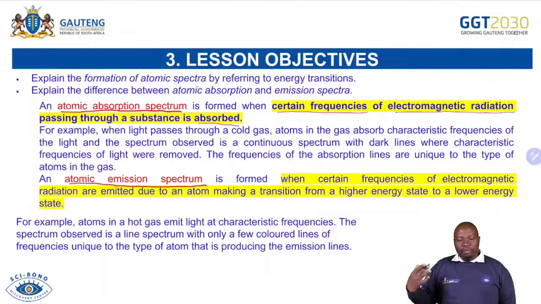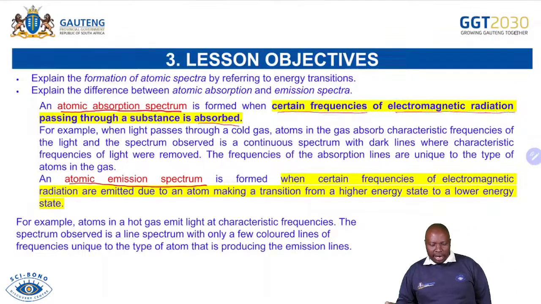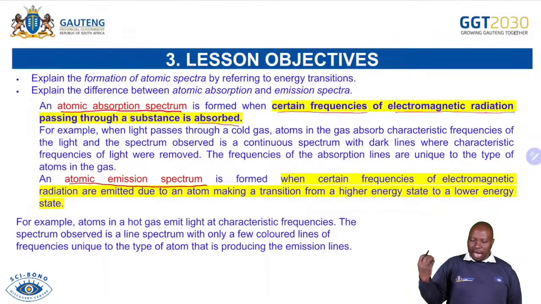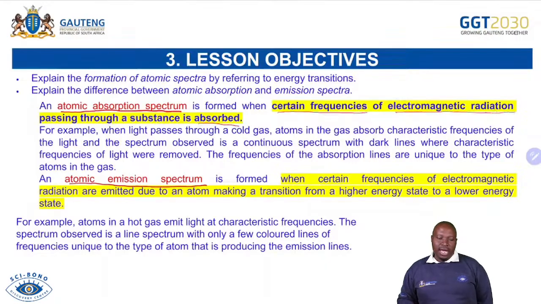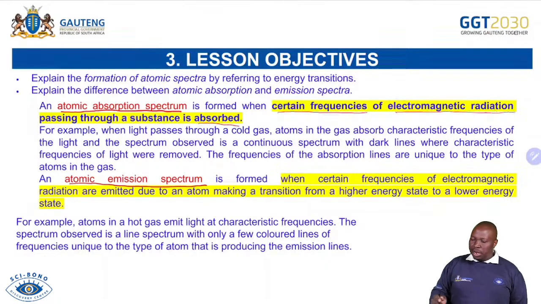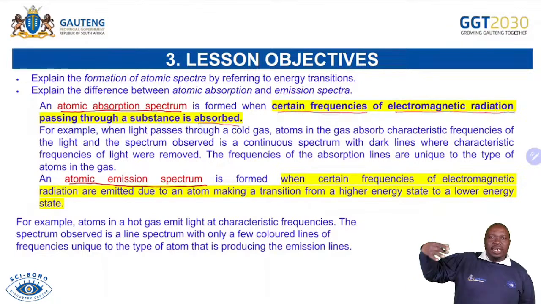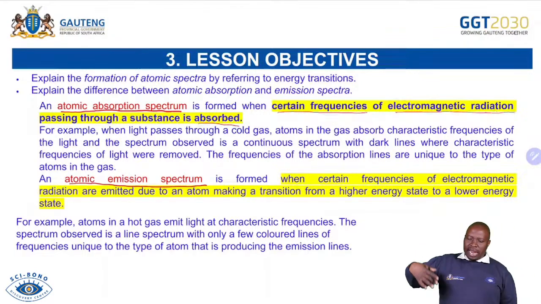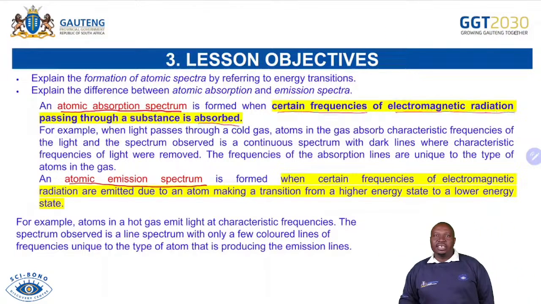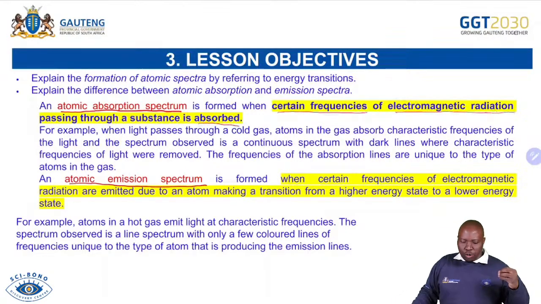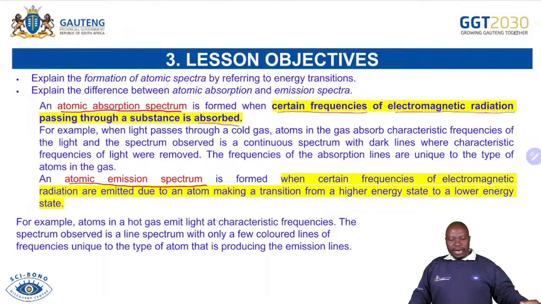So when light, EMR, passes through a substance, certain frequencies will be absorbed, and we refer to that as the atomic absorption spectrum.